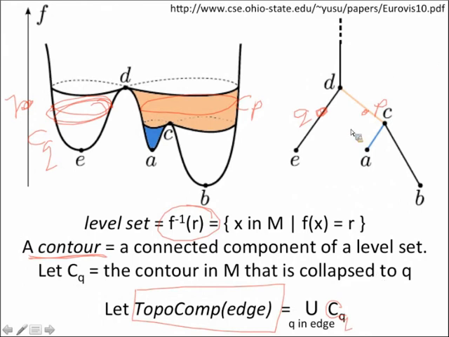So if I take a look, for example, at this edge right here, I would have contours for this, contours for that, and so if I call this edge E1, the topocomp of E1 is the union of all these contours, and so we would get this entire area right here.